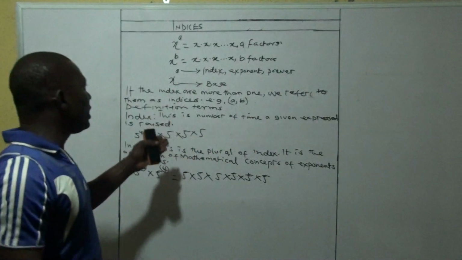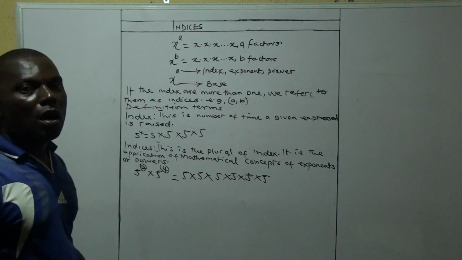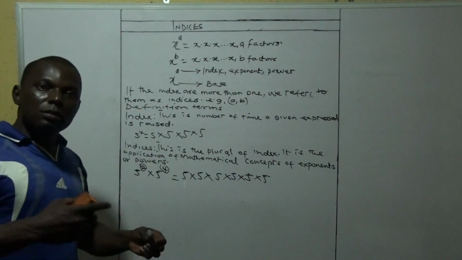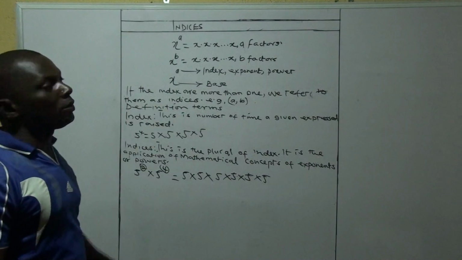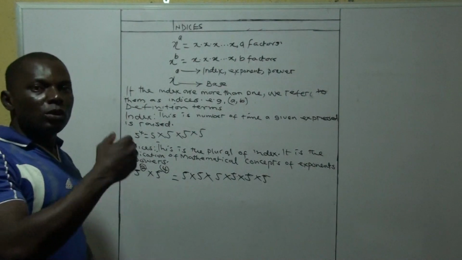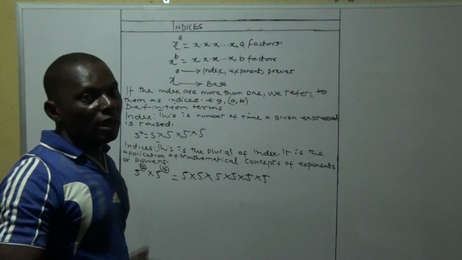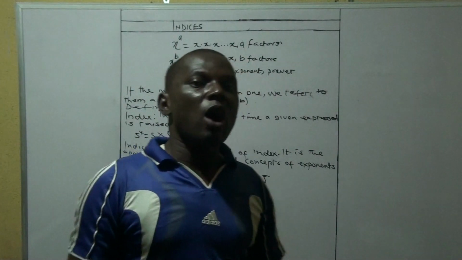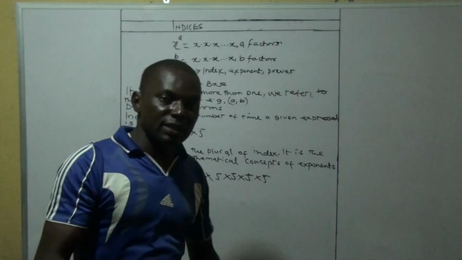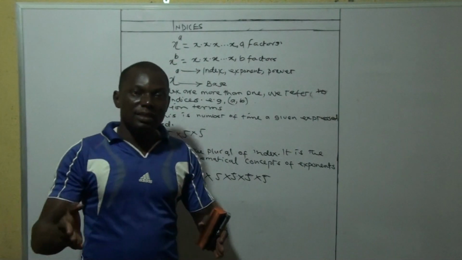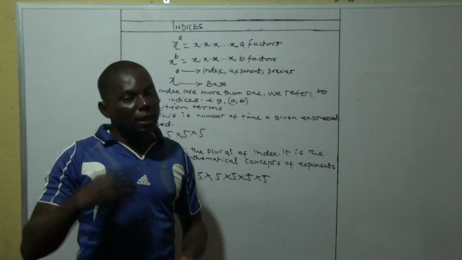So in this class, like I said, we are going to look at the laws, the introductions, and those things that we need to know. We're going to look at different laws, or different rules, that govern the operations of indices. So indices is very important. It has a relationship with logarithm.